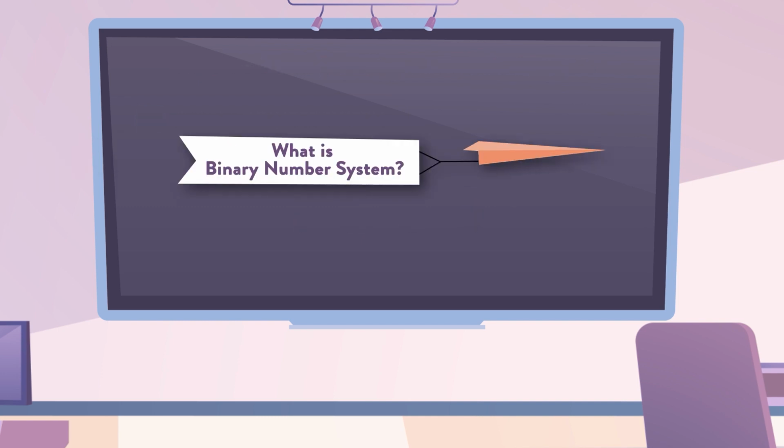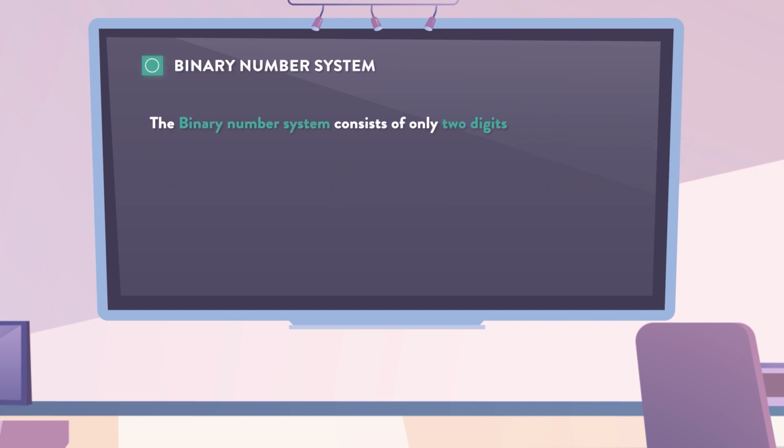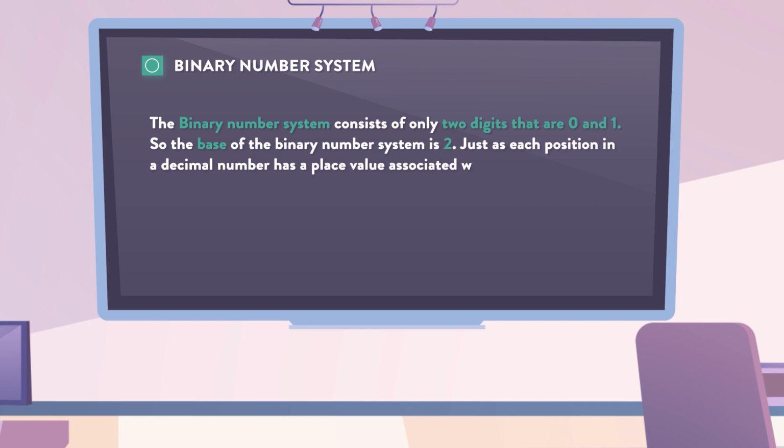Let's now see what is binary number system. The binary number system consists of only 2 digits, that are 0 and 1. So the base of the binary number system is 2. Just as each position in a decimal number has a place value associated with it, so does each position in a binary number.